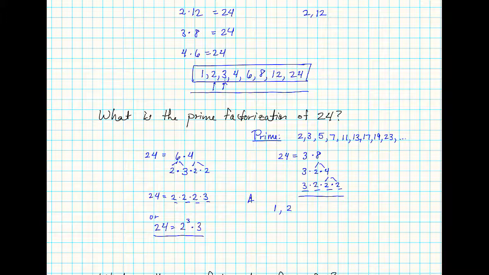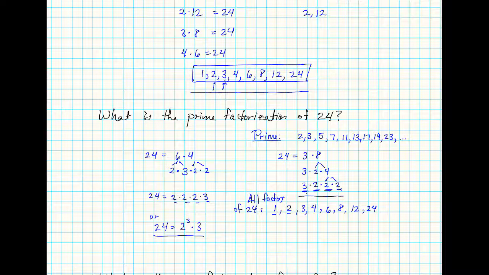So all factors of 24. 1 is a factor of everything. 2 is a factor there. 3, of course, is a factor there. 4 you can get as taking 2 of these 2's. 6 you could get as taking the 3 and the 2. 8 you can think of as 2 times 2 times 2. 12, let's see, that's 4 times 3, so 2 times 2 times 3. And 24, of course, is multiplying all of them.